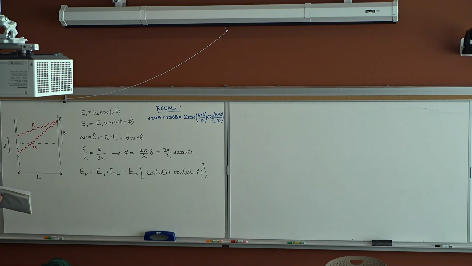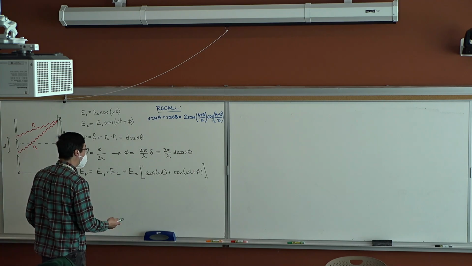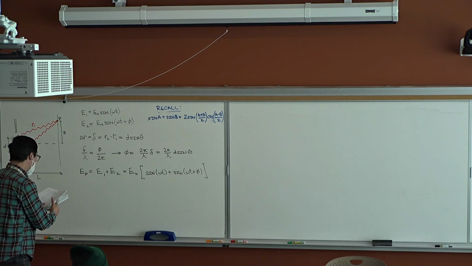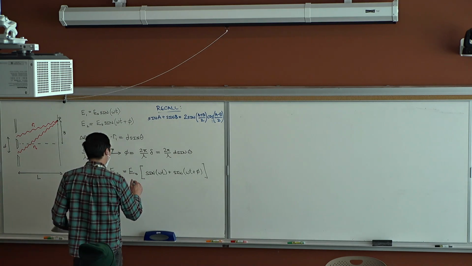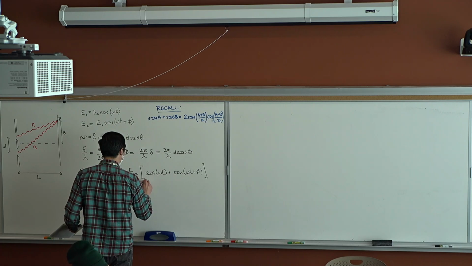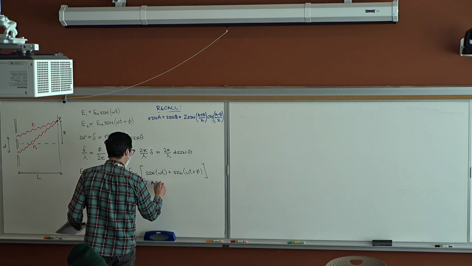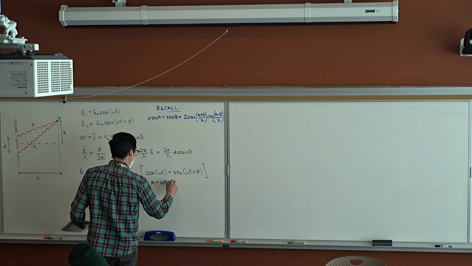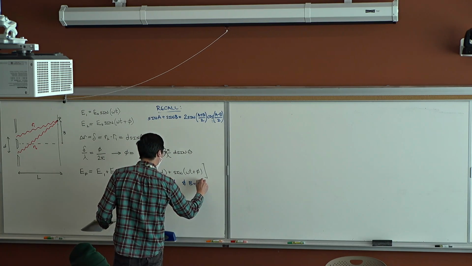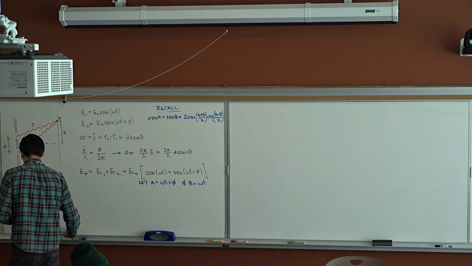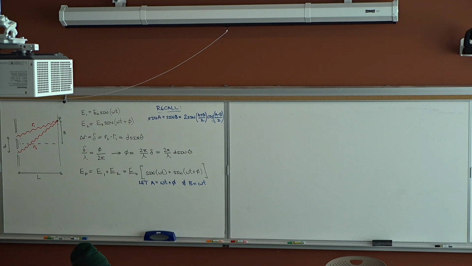And so here, I'm going to suggest that we let A equal omega t plus phi, and B equal omega t. What kind of cool thing happens then?